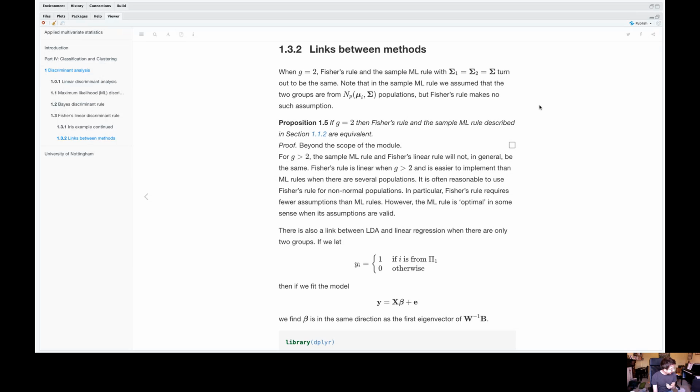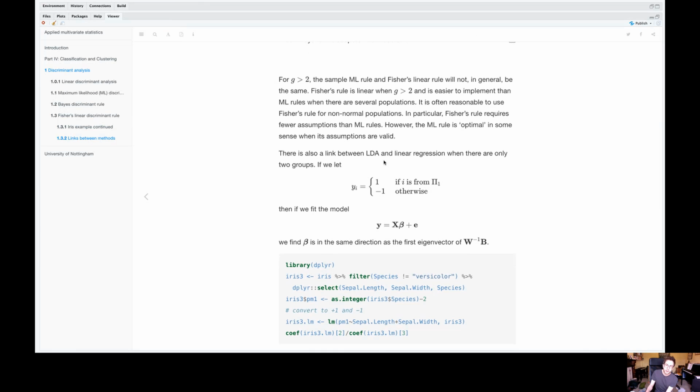There are also links between linear discriminant analysis and many other methods, particularly linear regression and CCA, canonical correlation analysis. So just to comment on the link between linear discriminant analysis and linear regression, in the case where there are 2 groups, let's suppose we've got a vector y that indicates which group we're a member of. So 1 if i is from population 1 and -1 if it's from population 2.